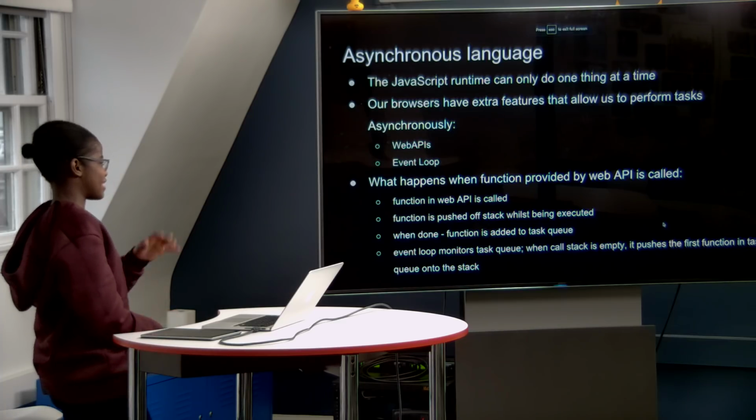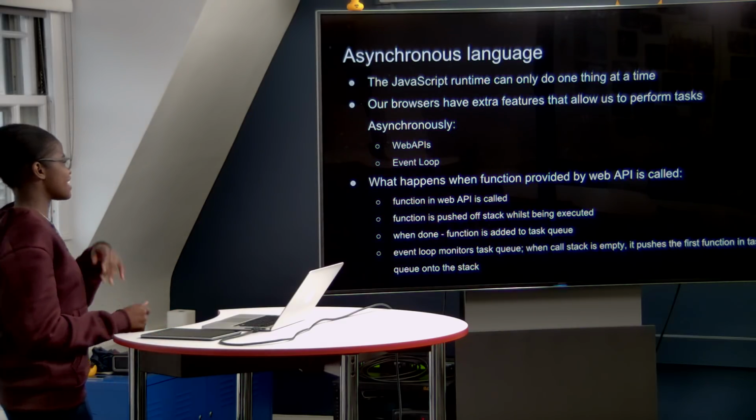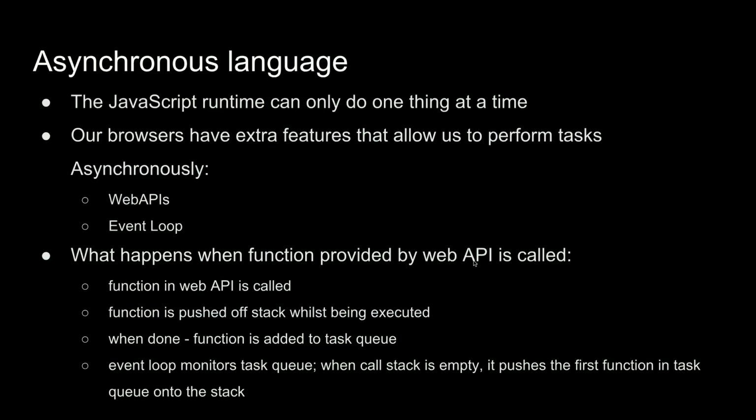So let's summarize what we just did, which is what happens when a function provided by some web API is called. In this case, let's say my asynchronous function is called, so I have that asynchronous function code, for example setTimeout. That function will be pushed off the stack and executed somewhere else.